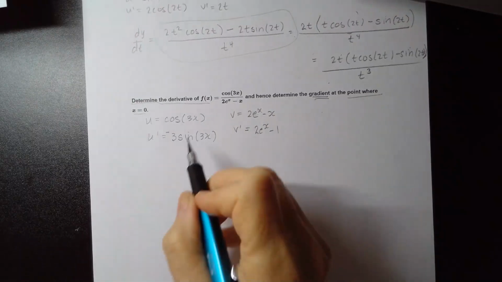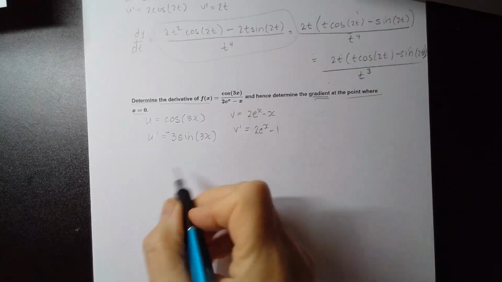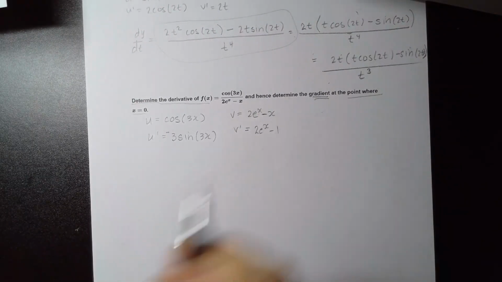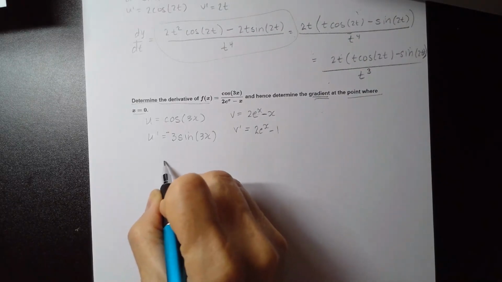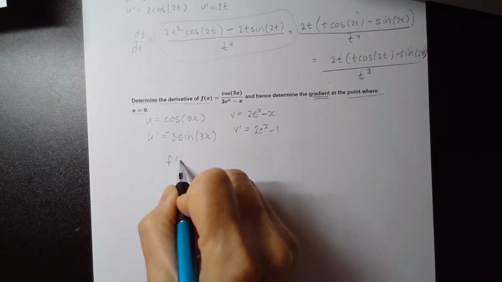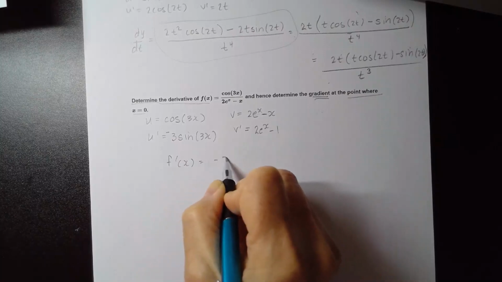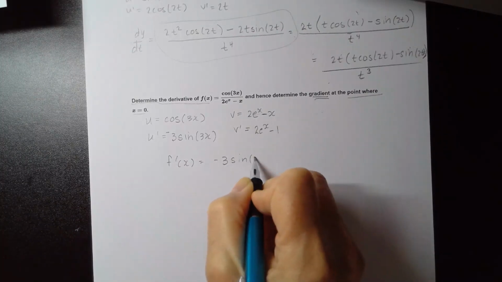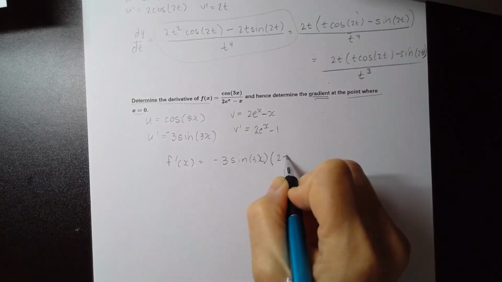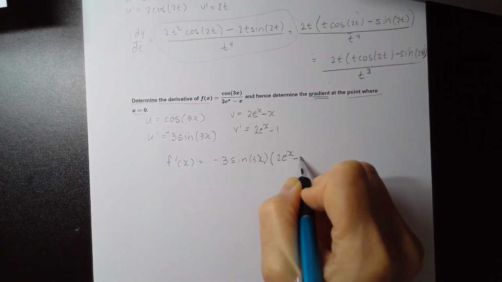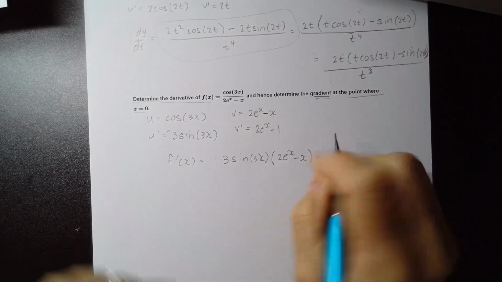Okay, I like that. So that times that. That's a difference there, so I'm going to need brackets. So I'm going to put, f dash of x equals negative 3 sine 3x times (2e to the x minus x), minus all that.